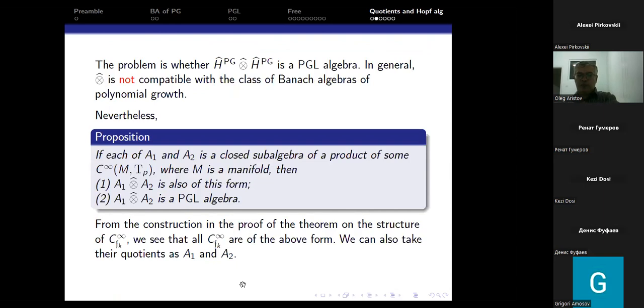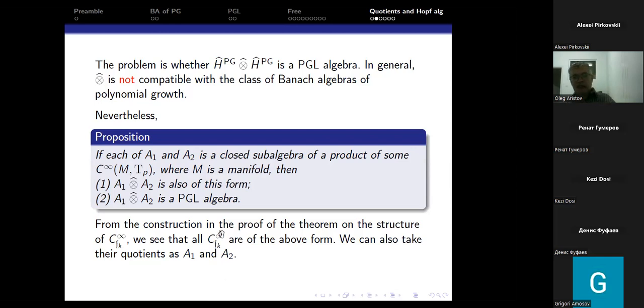But for PGL algebras, there is a problem. In general, the projective tensor product is not compatible with the class of Banach algebras of polynomial growth, and of course for PGL algebras.